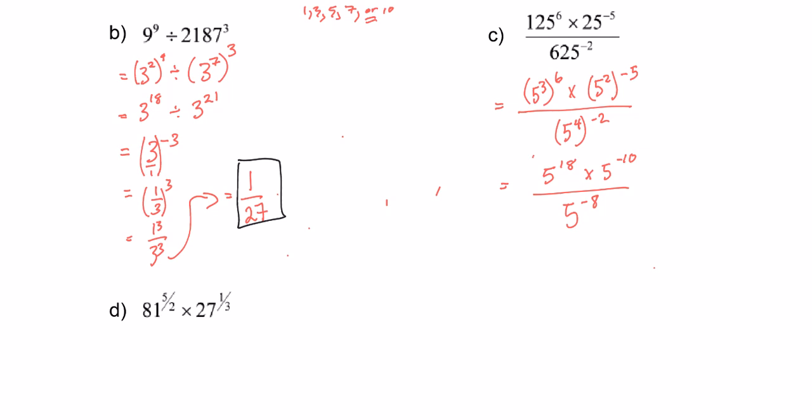So now we need to simplify the top. The bottom is simplified already. Simplify the top, and then we'll start doing our combinations using division.